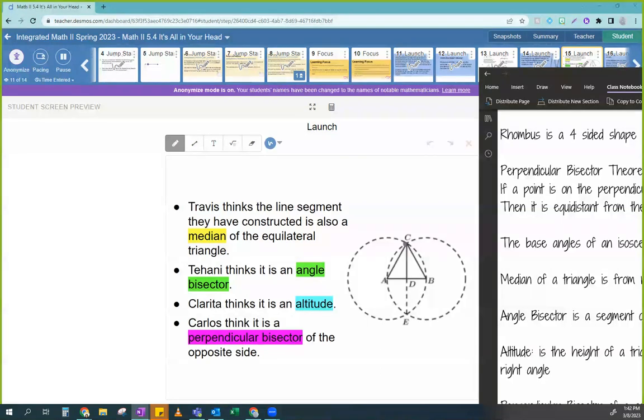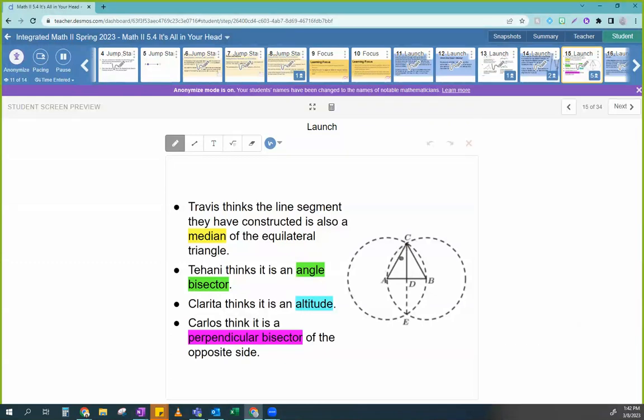We proved that this was congruent to this by proving these two triangles were congruent. Clarita thinks it's an altitude, which this is perpendicular to. So that's an altitude. And then Carlos thinks it's a perpendicular bisector. And if you remember, this was congruent to this. So the answer is yes. All of you are right.